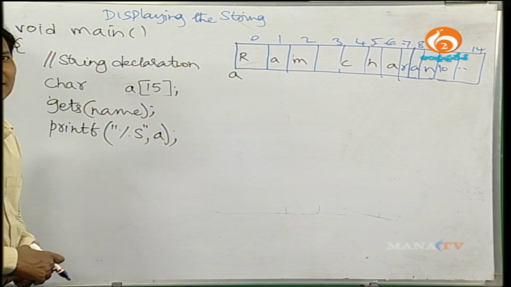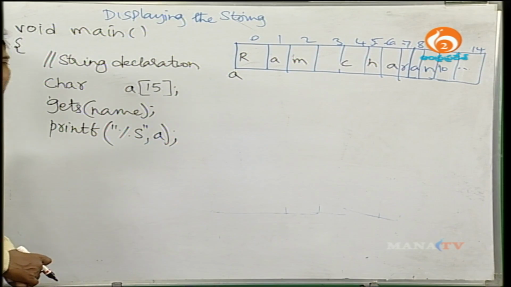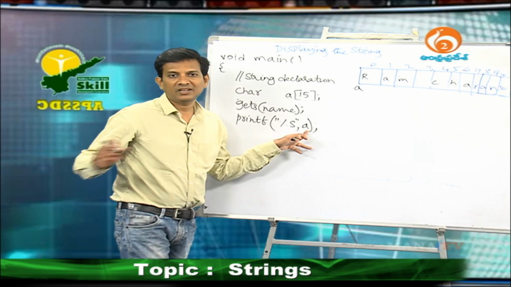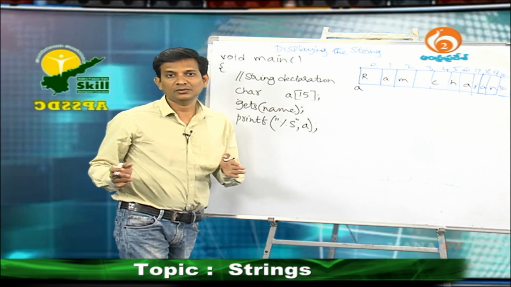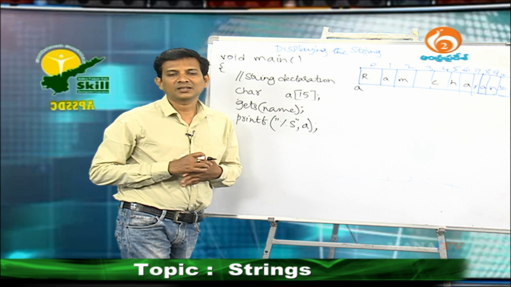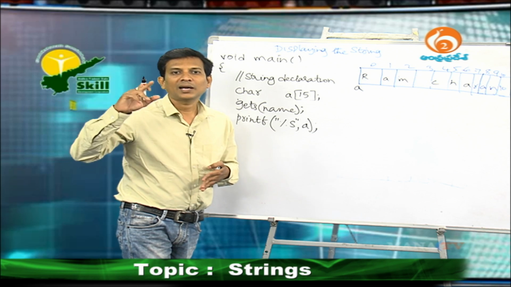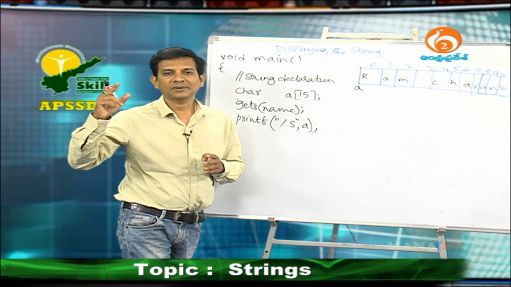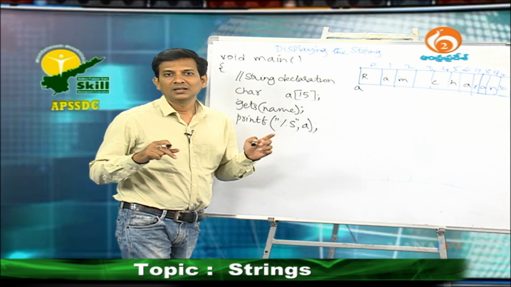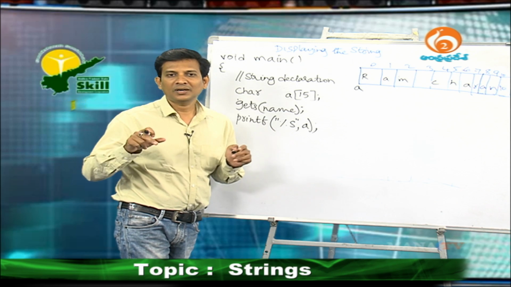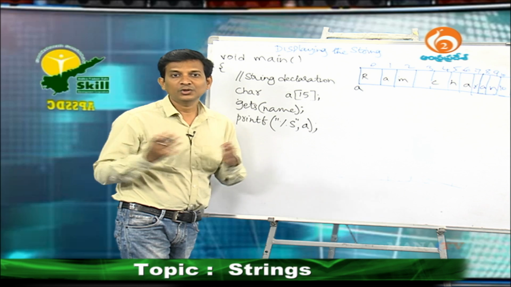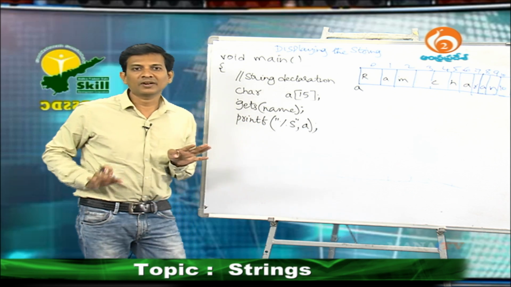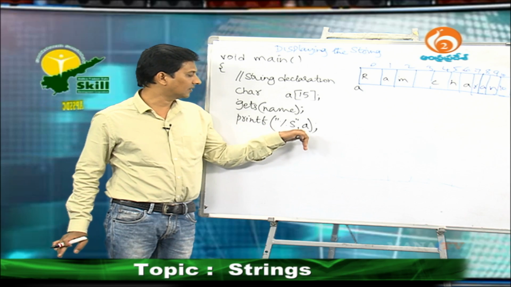No need to write loops here, simply you can write a. Whereas in an integer array we used looping statements, that is for I equal to 0, I less than or equal to size minus 1, I plus plus, printf %d, comma a of I. But here no need to use that, only a single statement is enough for strings, printf %s.